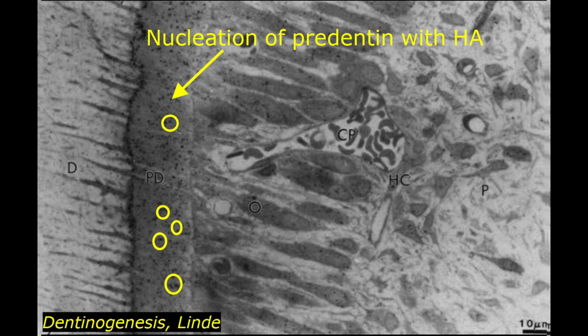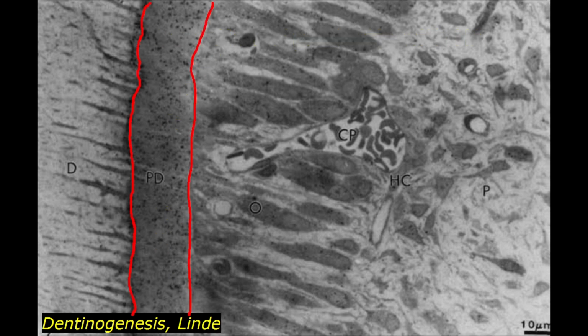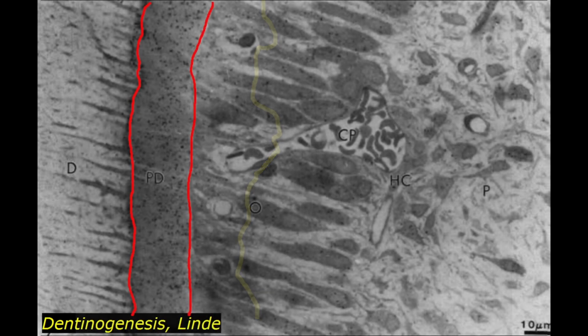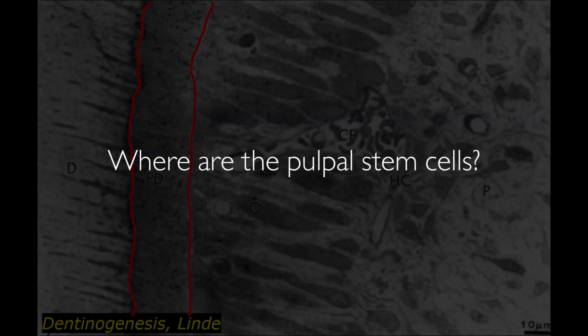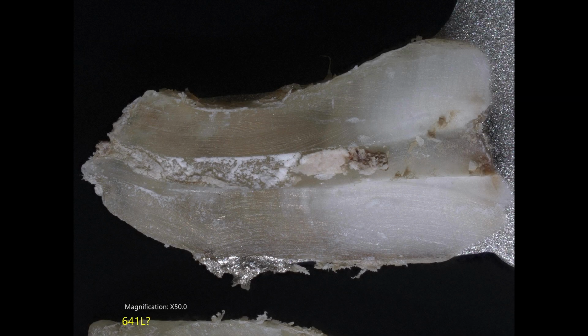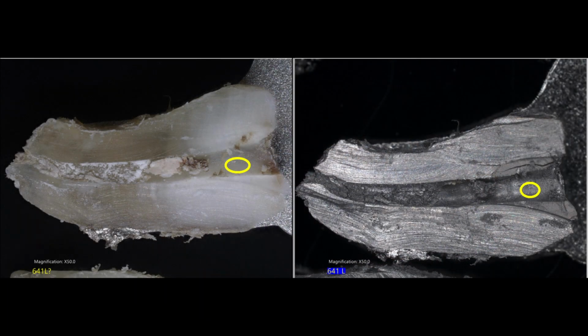Because remember, those mesenchymal stem cells become odontoblasts, and the imaging on those cells, in my literature review, is very different from what I'm seeing when I'm looking at Reed's cases and interpreting as mesenchymal stem cells. So there's a great deal of uncertainty.